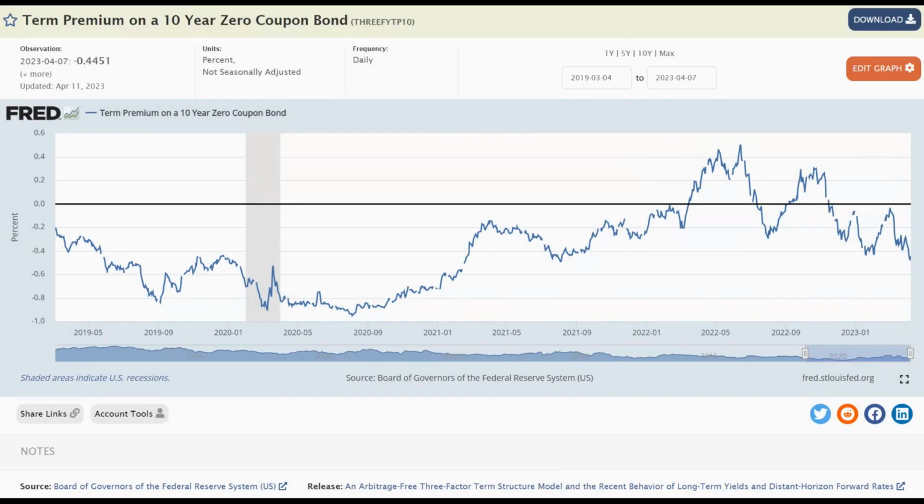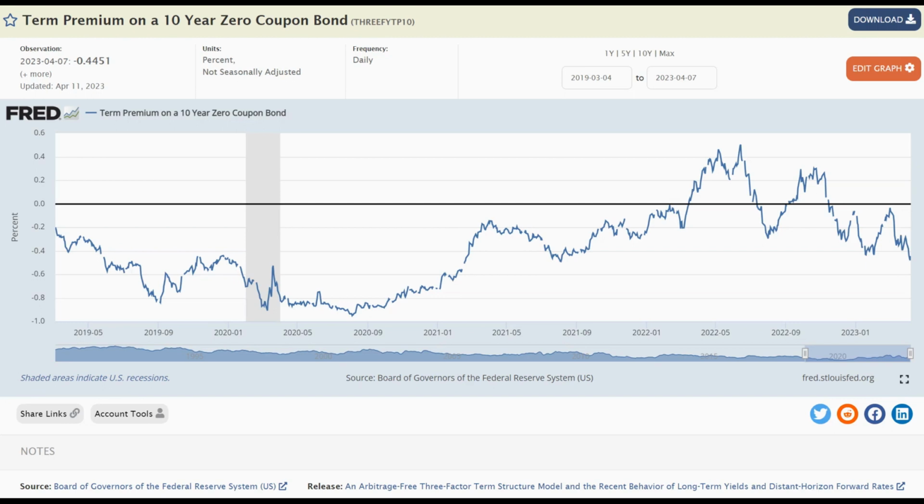First of all, term premium is defined as the compensation that an investor requires for bearing the risk that interest rates may change over the life of the bond. It's basically the premium that you require over buying a whole series of short-term bonds instead of buying a longer-term bond.